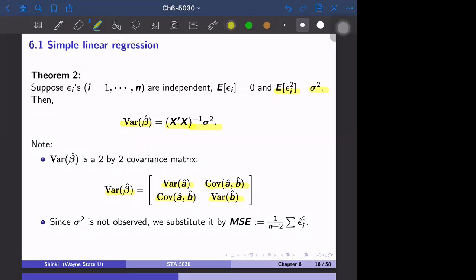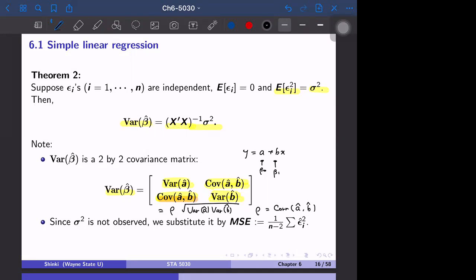So here y is equal to a plus bx. Sometimes I say this as beta naught and this as beta 1. But anyway, the variances are in the diagonal terms, and in the off-diagonal term we have the covariance. The covariance is equal to the standard deviation of A hat times the standard deviation of B hat, that is, the square root of the variance, times rho, the correlation coefficient of A hat and B hat.